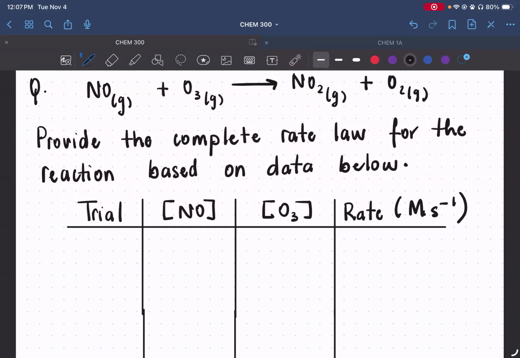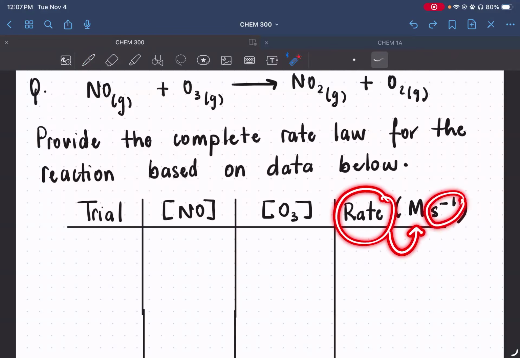What immediate things I want you to notice is that the rate is defined to you as molarity per second. The S is second. So we already immediately know what time unit we're working with.